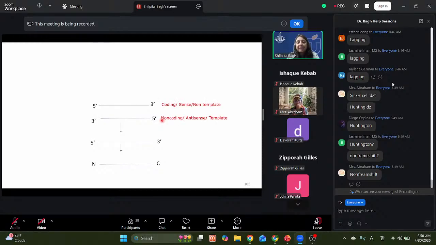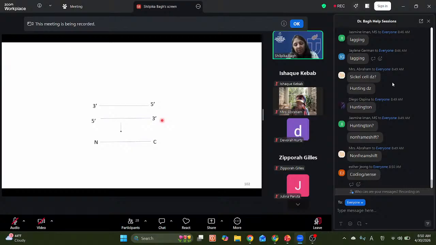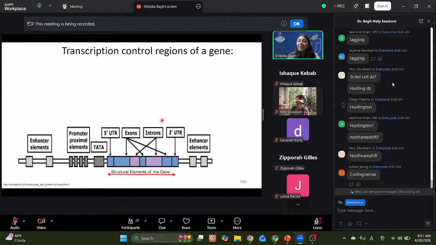You know what is sense, what is template. The mRNA sequence is the same as the sense or coding strand, except T is U. Then you have the codon and anticodon arm, which is required for protein synthesis. Did we talk about cis and trans elements?